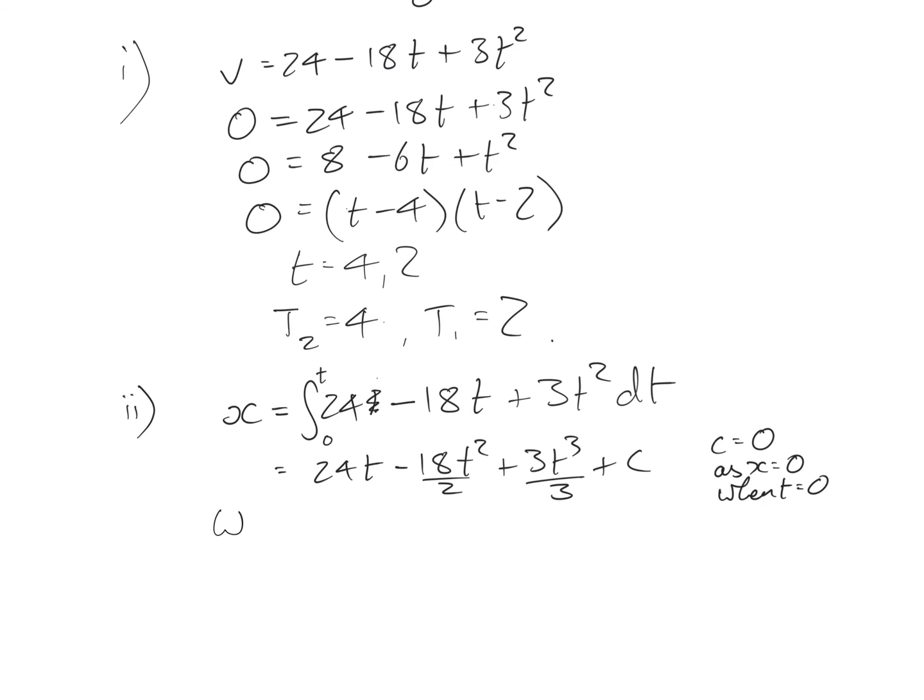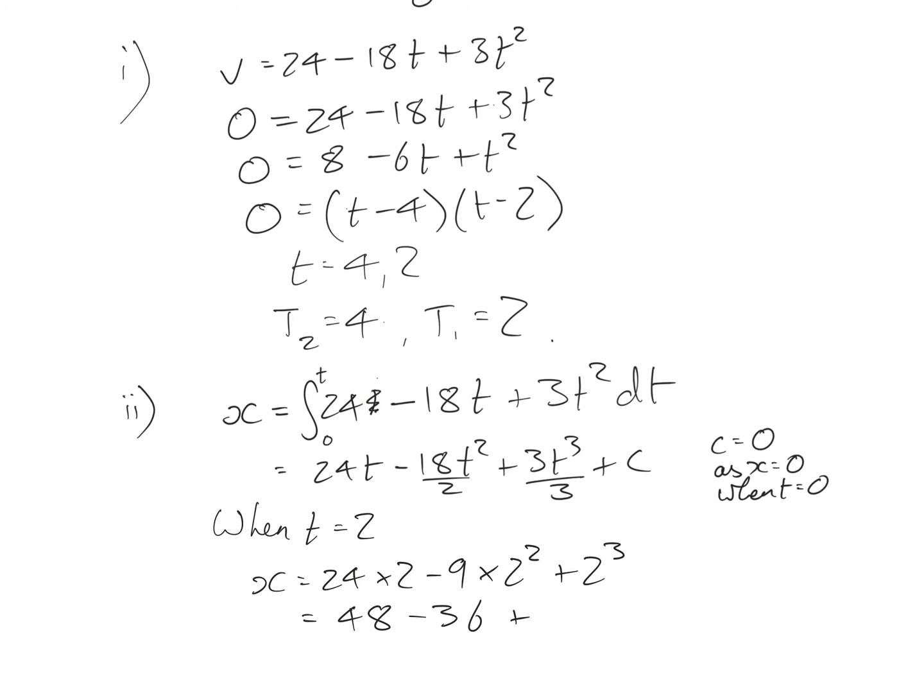So when t equals 2, x equals 24 times 2 minus, we could probably simplify this, 9 times 2 squared plus 2 cubed, equals 48 minus 36, that's 12, plus 8 is 20 meters.